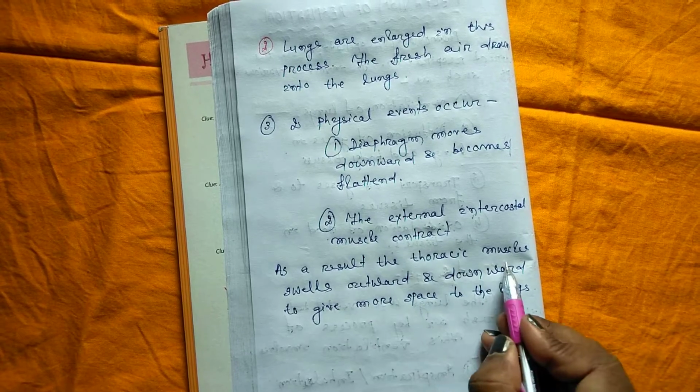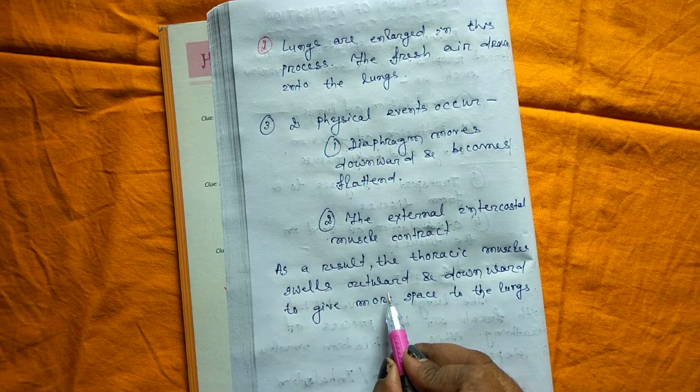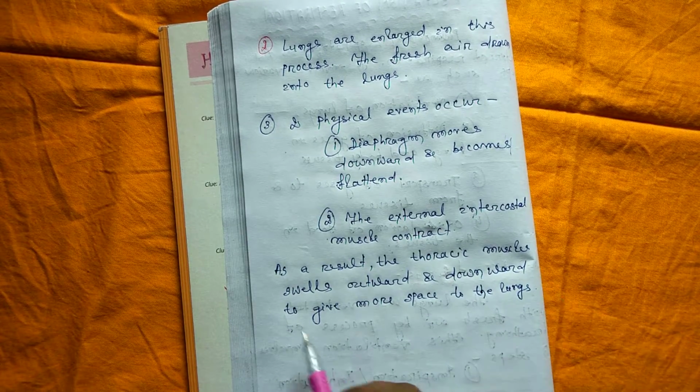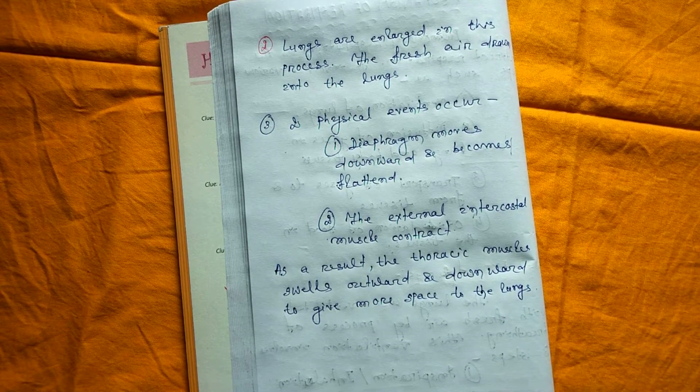Here, the thoracic cavity swells outward and downward, that is, in the diaphragm, to give more space to the lungs. Why? To carry more oxygen.